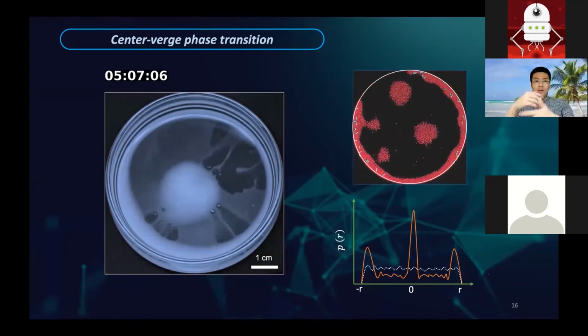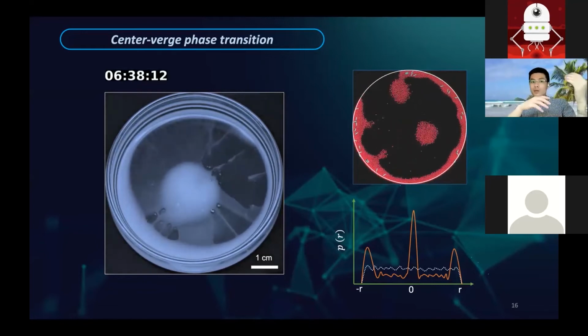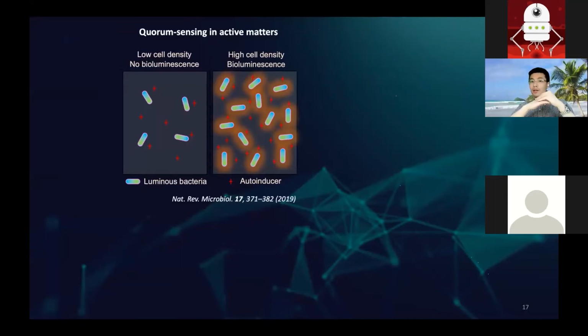The phase transition behavior in our system is quite similar to the quorum sensing behavior in biological systems, like in microorganism systems. For microorganisms like bacteria at low density, those bacteria secrete a chemical signal like autoinducer to communicate with each other.